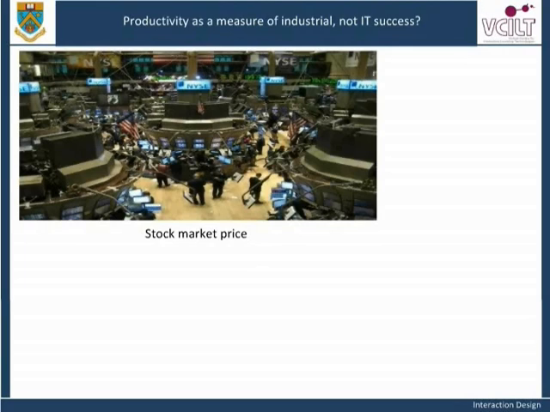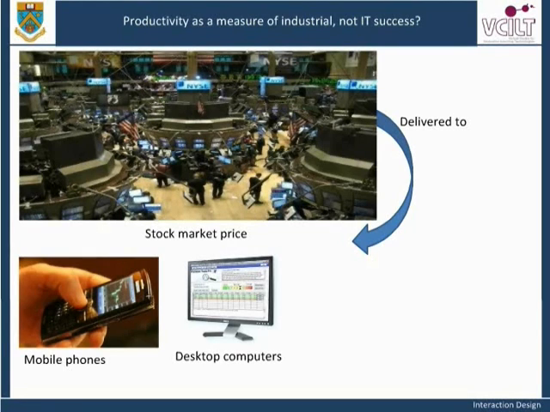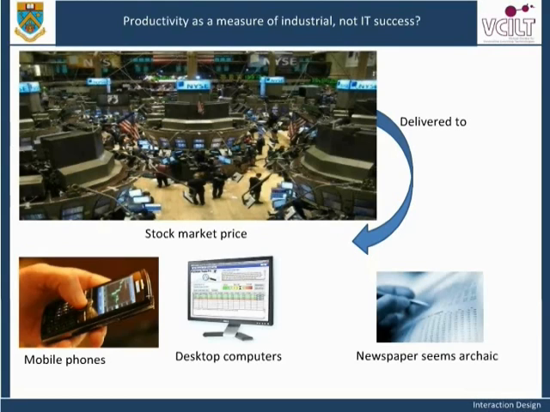Until recently, stock market prices were reported daily in the financial press, and this daily update of information was considered appropriate for most investors. Now technology has allowed stock prices to be delivered to our desktop computers, or even mobile phones, that is accurate to the minute, and the daily update provided by newspapers seems archaic. Technology can offer these apparent benefits, and they are very difficult to quantify. They are likely to be beyond the scope of equations for calculating industrial productivity.